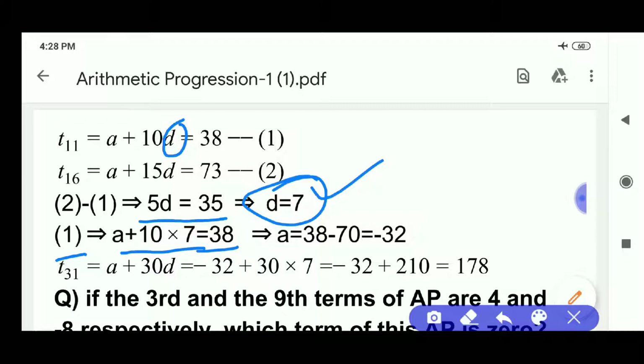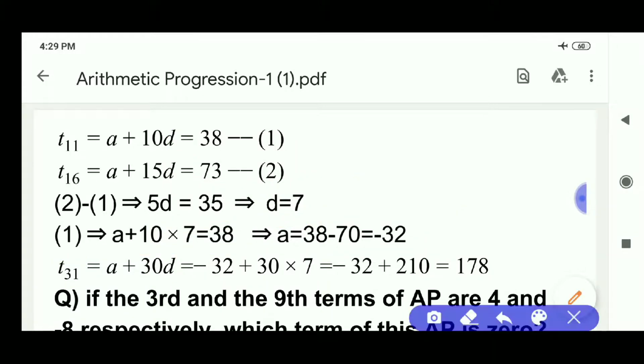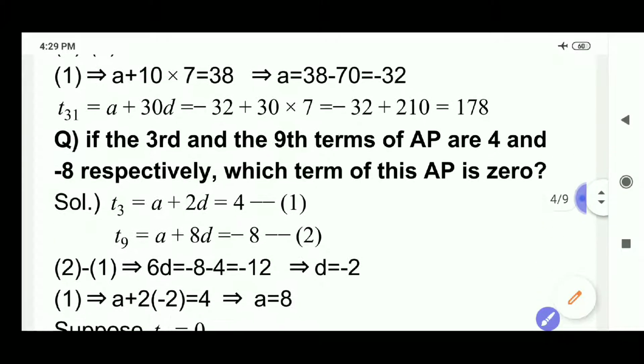By simplification, we get a as minus 32. We know the value of a and the value of d. Now it is very simple to obtain the 31st term, that is a plus 30d, that is minus 32 plus 30 into 7. Its answer is 178.